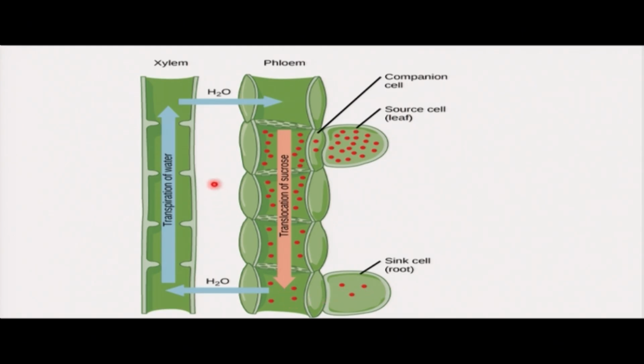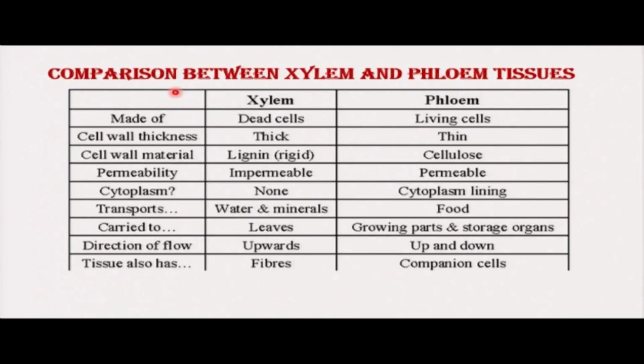Then we have also movement of water along the xylem vessel. You can see this is one way. So let us try to compare xylem and phloem tissues.